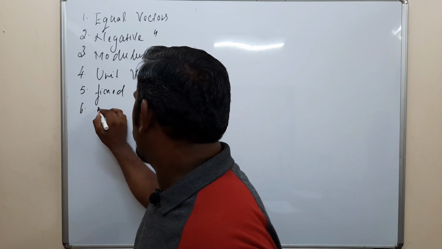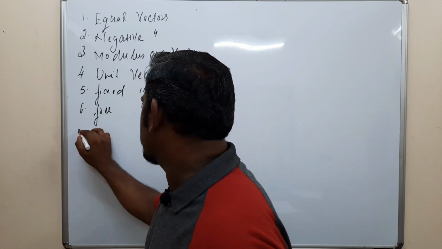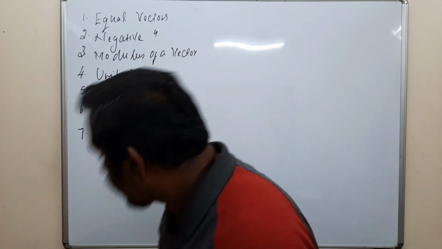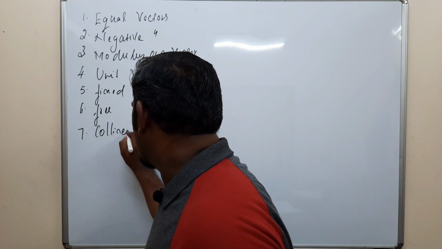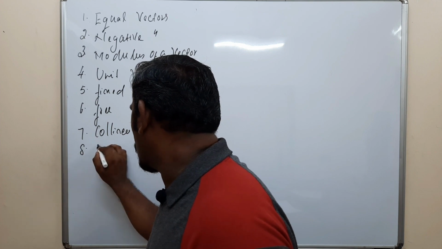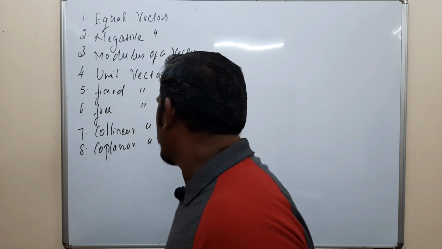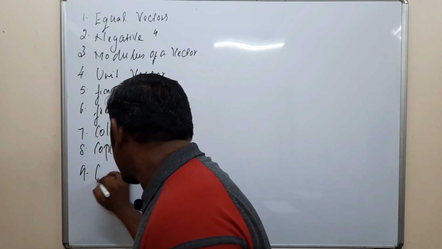Sixth one, free vector. Seventh one, collinear vectors. Eighth one, coplanar vectors. Ninth one, co-initial vectors.